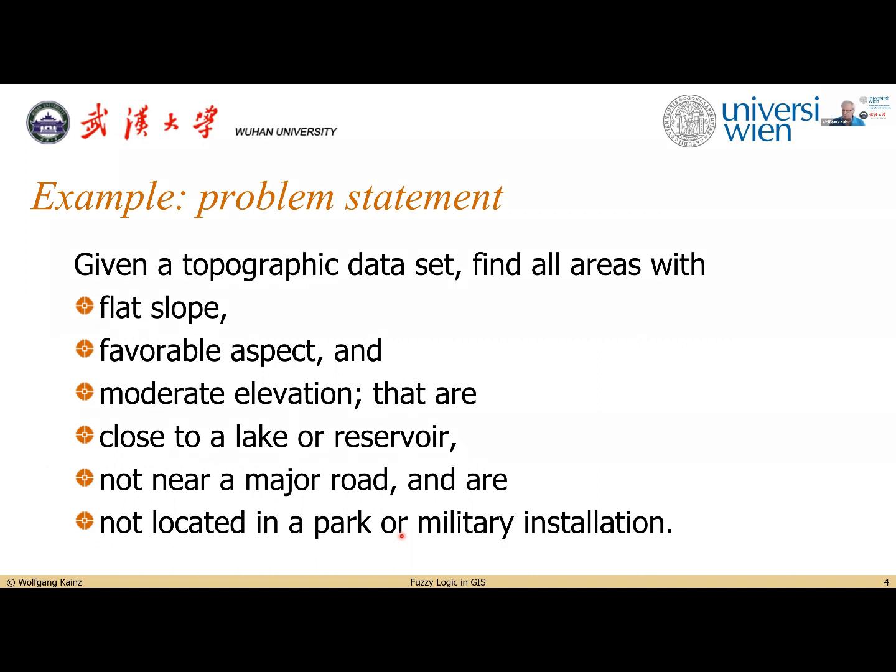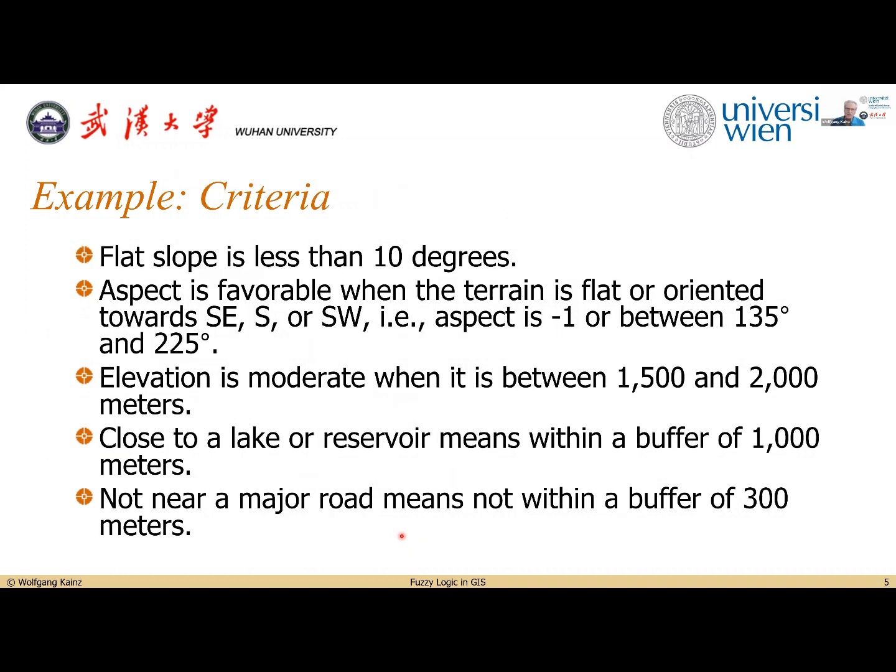And for example, to solve our problem, we could define the classes in such a way that we say flat slope is every slope that is less than 10 degrees. Aspect is favorable when the terrain is flat or it's oriented towards southeast, south, or southwest.